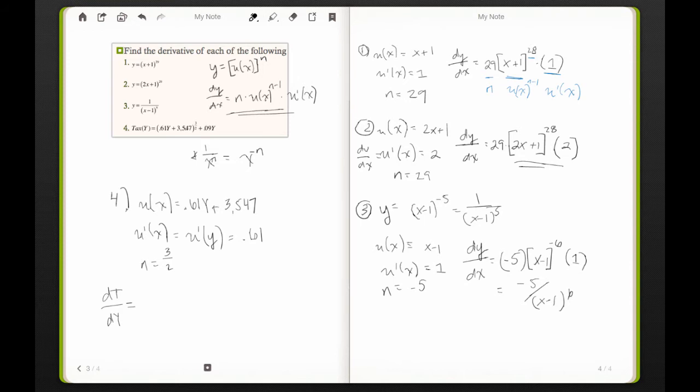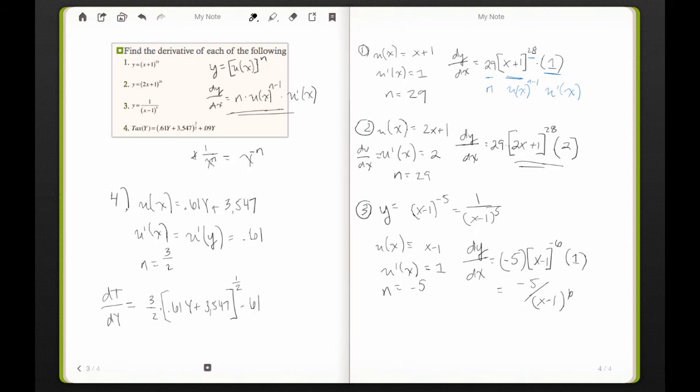Using this information, I come up with 3/2 times u of x, or u of y, 0.61y plus 3,547, all to the n minus 1, which is 3/2 minus 1, 1/2, times the derivative, u prime x or u prime y, times 0.61.